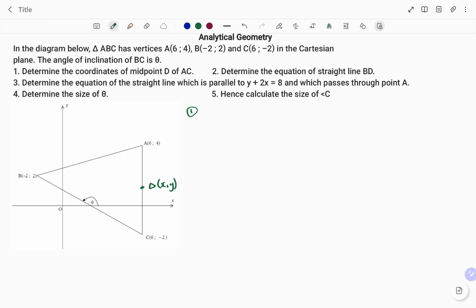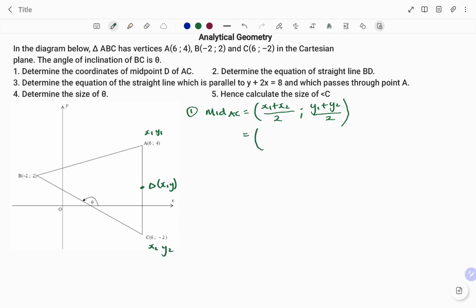Using the midpoint formula, I have midpoint of AC equals x1 plus x2 over 2, and for y I have y1 plus y2 divided by 2. In this case it's my x1, y1, x2, y2.